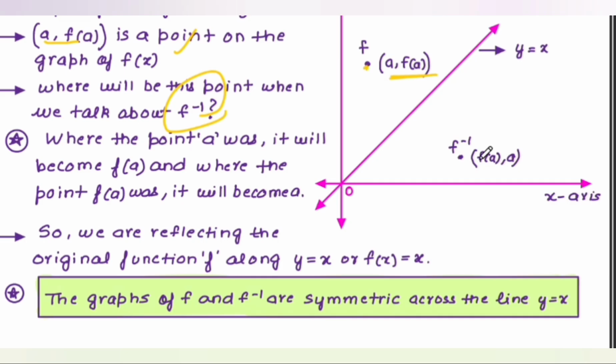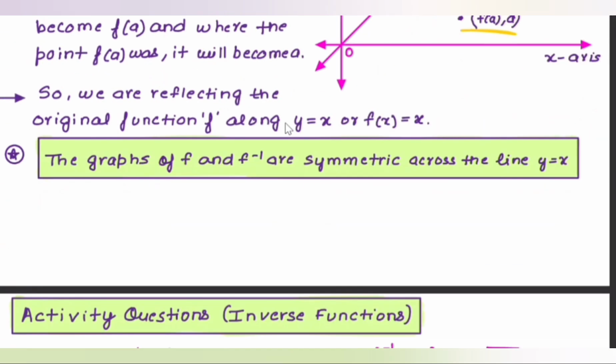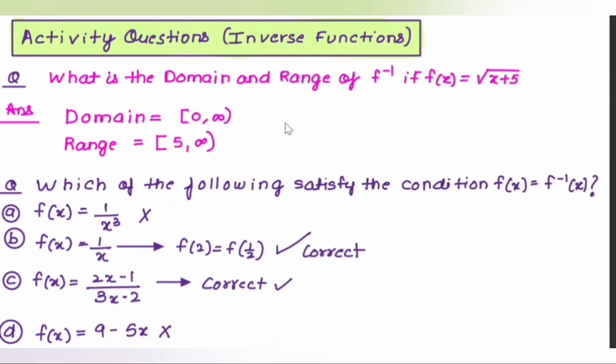Its inverse point will have the values of x and y coordinates swapped. So it will basically give you a reflected graph. The line y equals x will act as a symmetry line. Now the graphs are symmetric across this line.